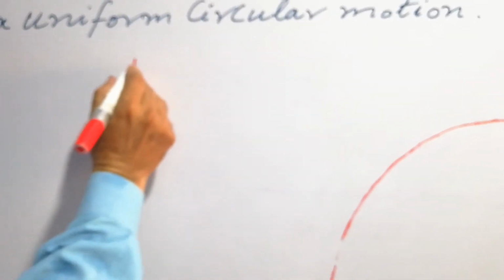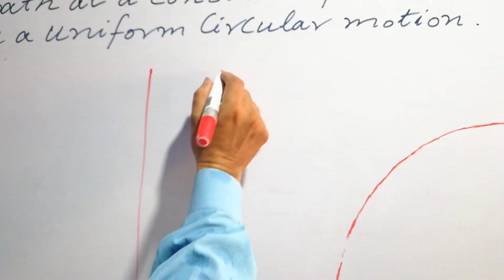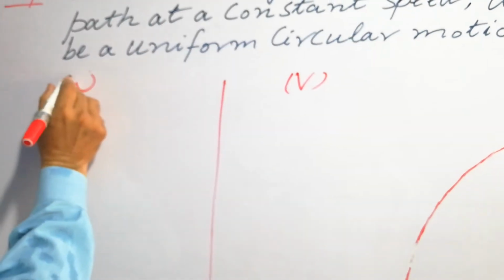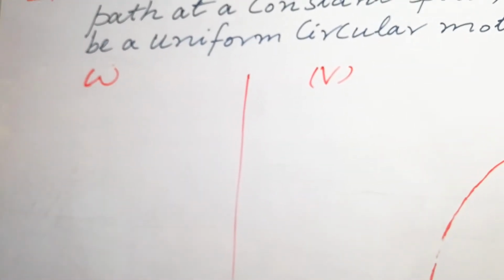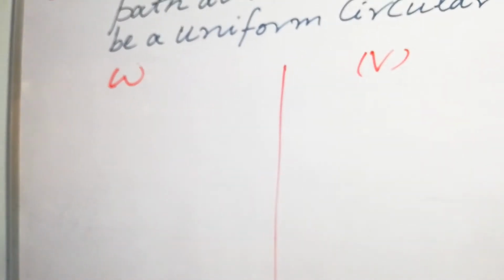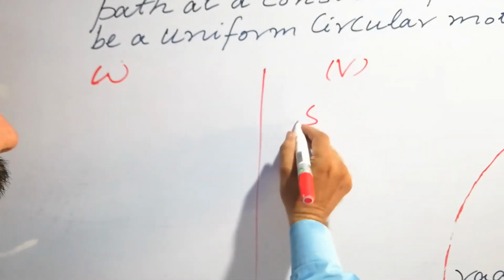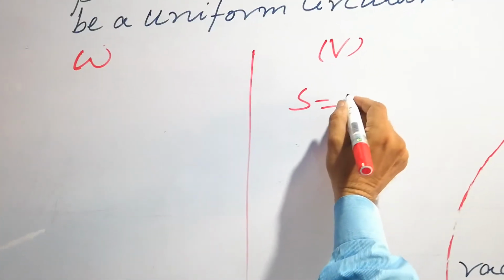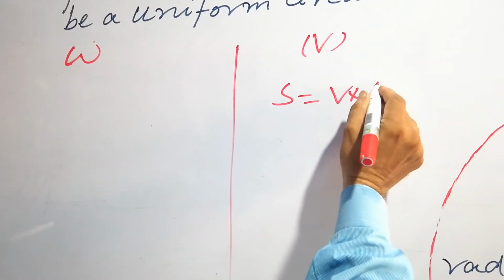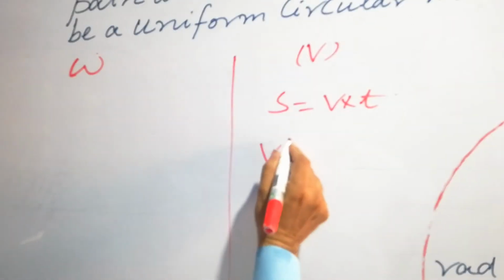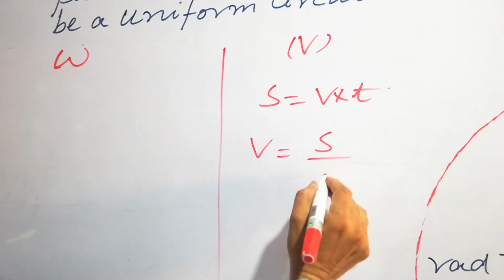In this case we have the linear velocity, v, and in this case we have the angular velocity, that is omega. Omega is the angular velocity. And we will use this relation, s is equal to v into t, v is equal to s by t.